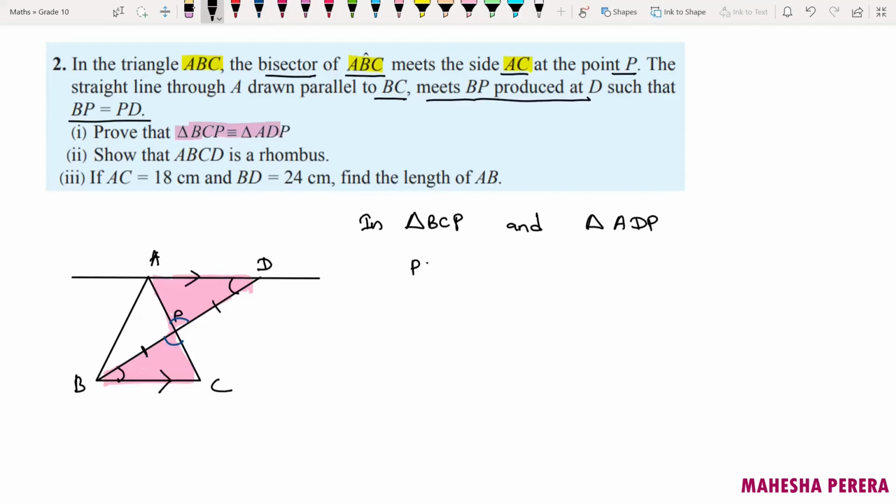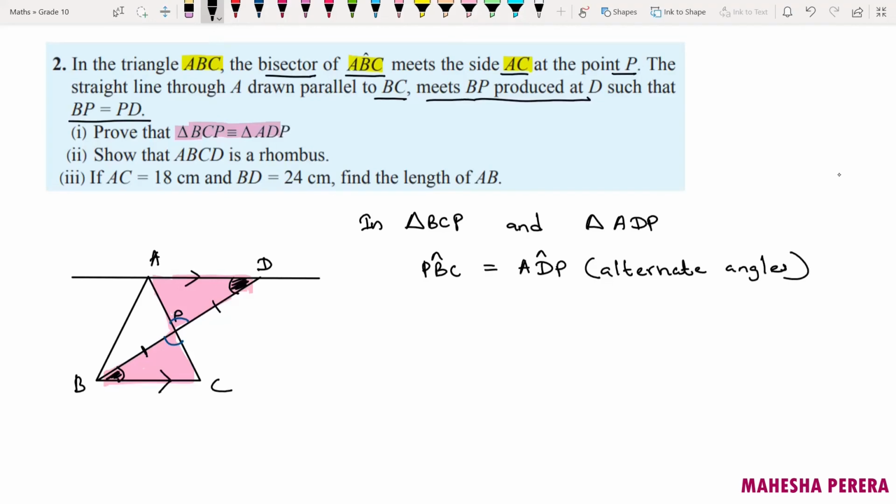Angle PBC equals angle ADP, right? PBC, this angle, and ADP, it's here, this one. This is because alternate angles.